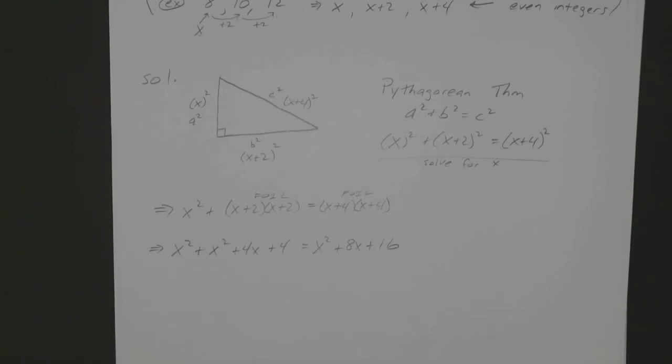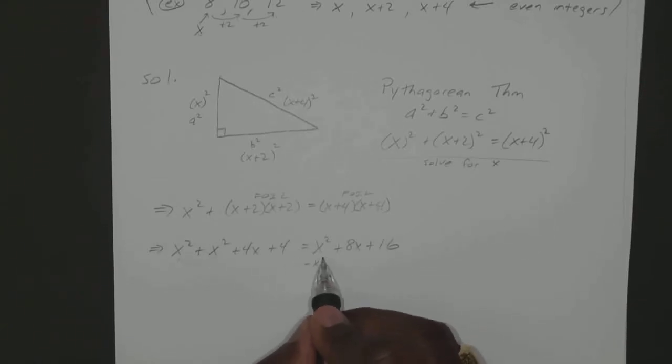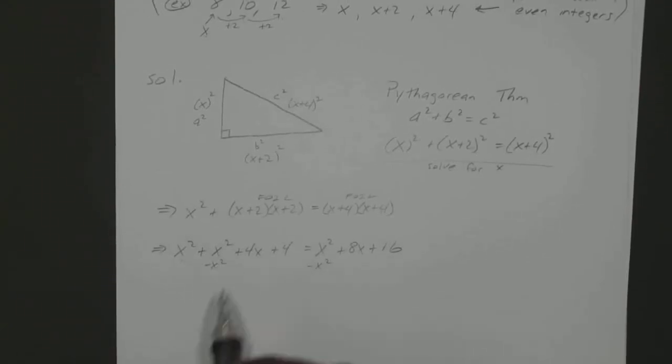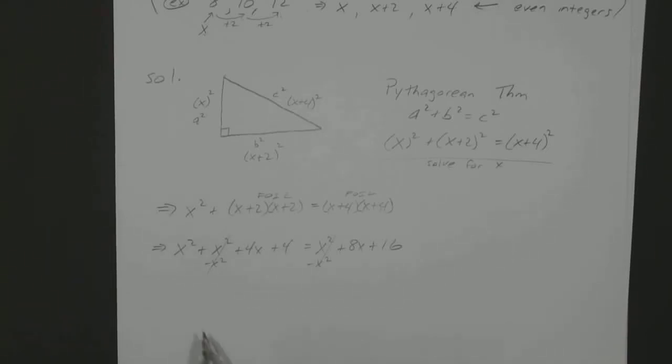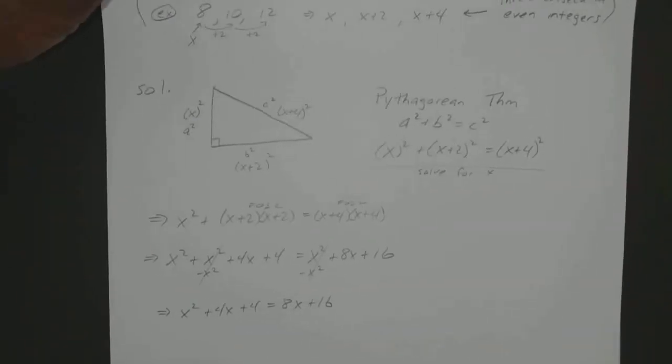Okay. So normally my first step would be to combine these two, but if we subtract x squared from both sides, we don't have to worry about combining them because one of them actually just disappears. Okay, so you have x squared plus 4x plus 4 equals 8x plus 16.